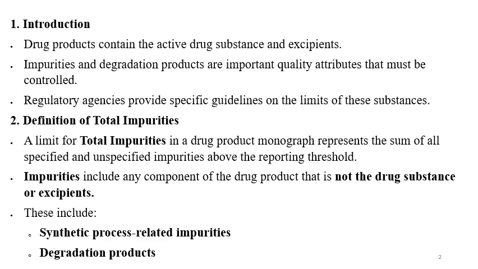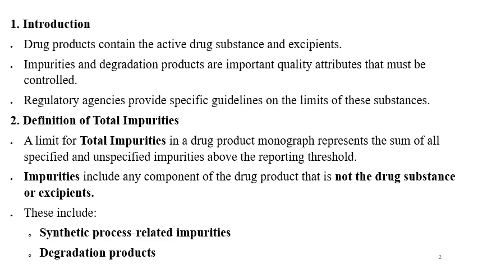A limit of total impurities in a drug product monograph represents the sum of all specified and unspecified impurities above the reporting threshold. You might know about the reporting threshold, identification threshold, and the qualification threshold.